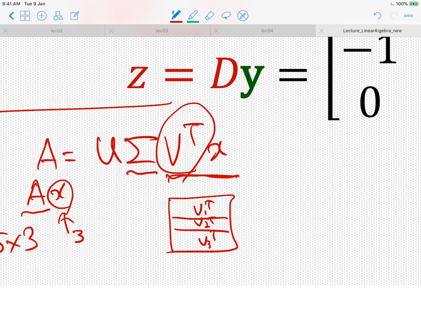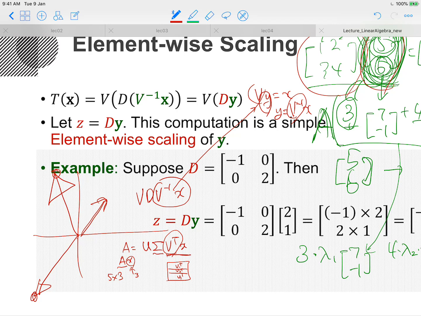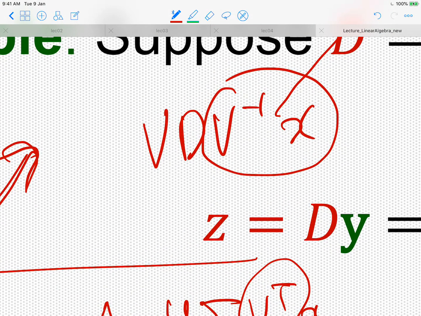Okay. And then in the case of an eigendecomposition, we consider this 3 by 3 matrix, or square matrix, for example. In that case, we just change the basis with respect to the columns of V, and then do the diagonal scaling, and then come back, right, by using the same matrix.